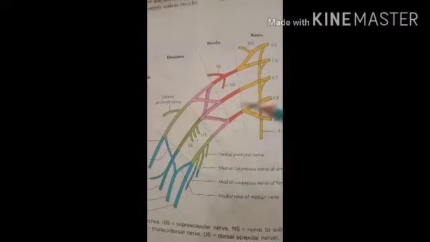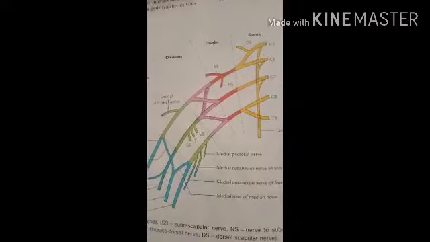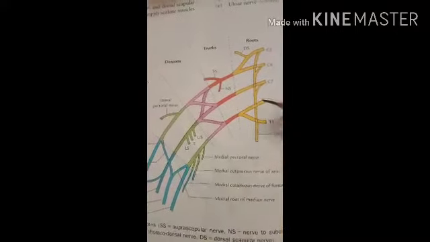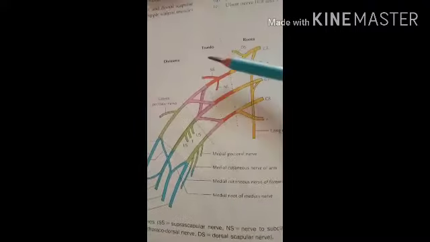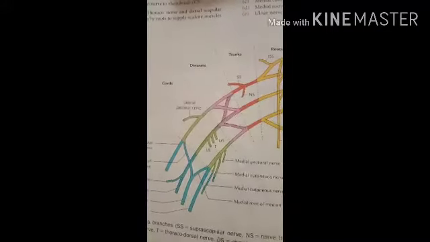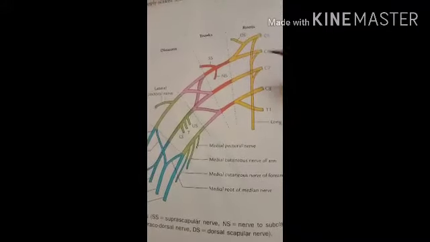After the cervical plexus, let's see the brachial plexus. The brachial plexus consists of the roots, trunks, divisions and cords. Let's start with the roots.